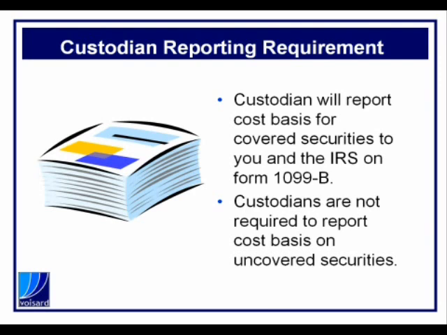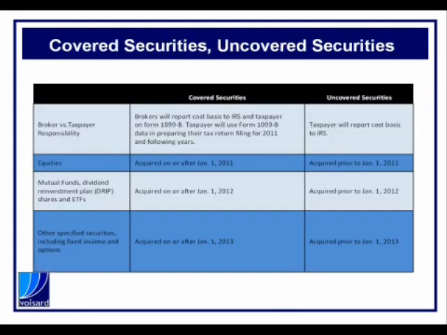And this will make a little bit more sense in an example that I have, as well as another chart that I have following this. So bear with me for just a moment here. When I look at covered securities and uncovered securities, this chart will give you an idea of who's responsible for reporting that. So either it's the taxpayer, or it's the broker or the custodian.